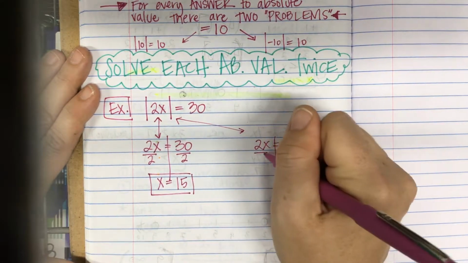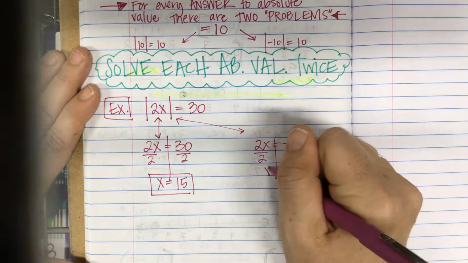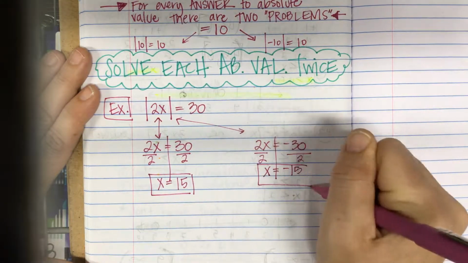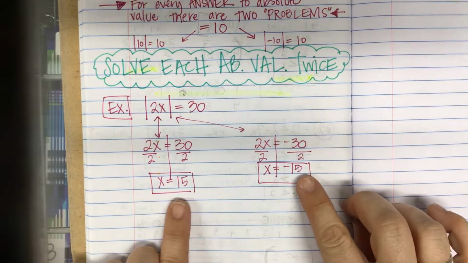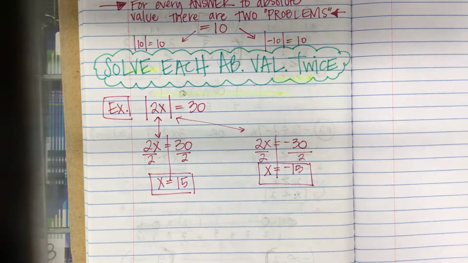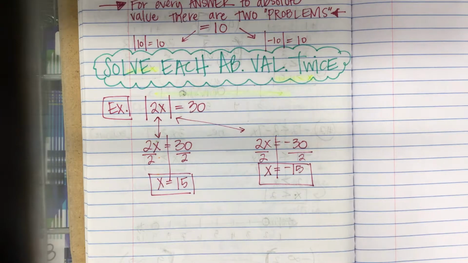And over here, negative 15. Now, it's not always going to match. In easy problems, they do. But if I substituted the value of 15 in for x, I would get an absolute value of 30. And if I substituted negative 15 in for x, I would also get an absolute value of positive 30.